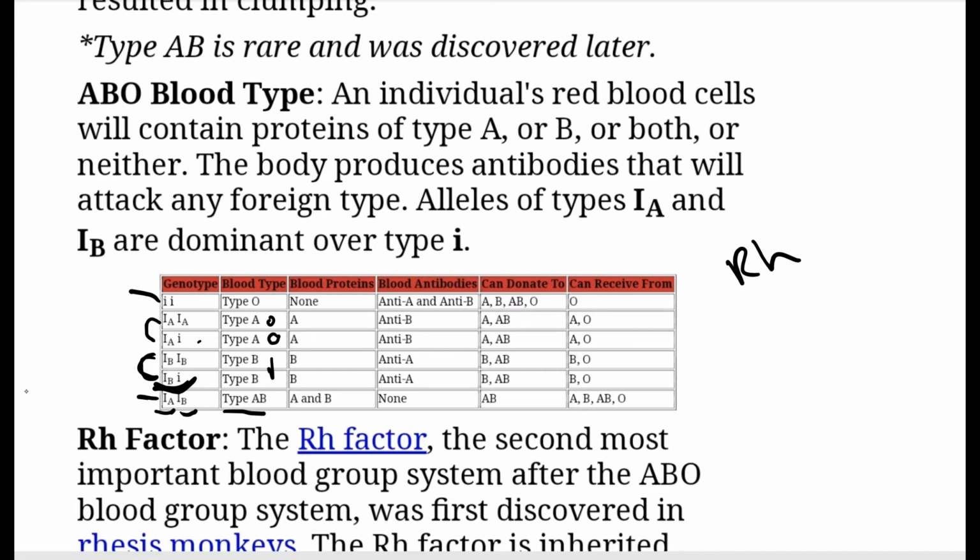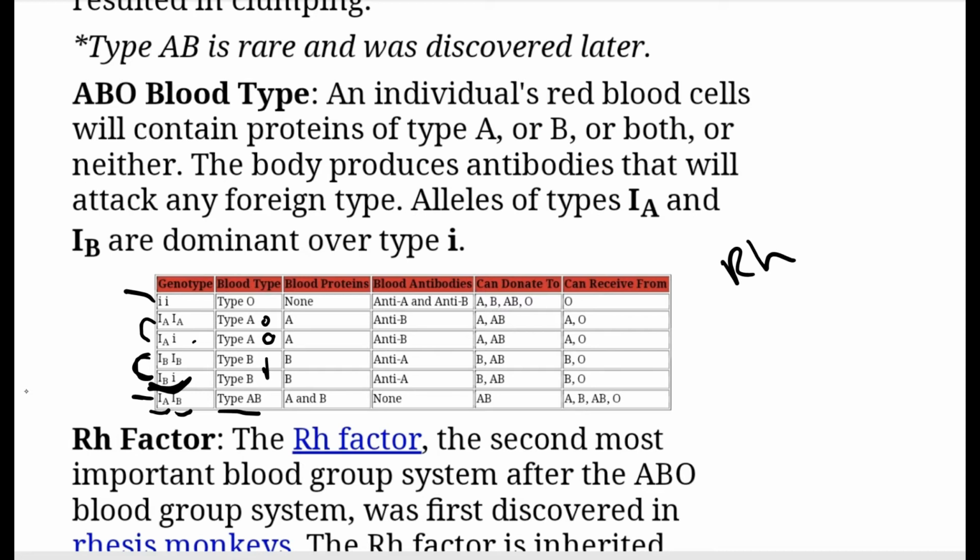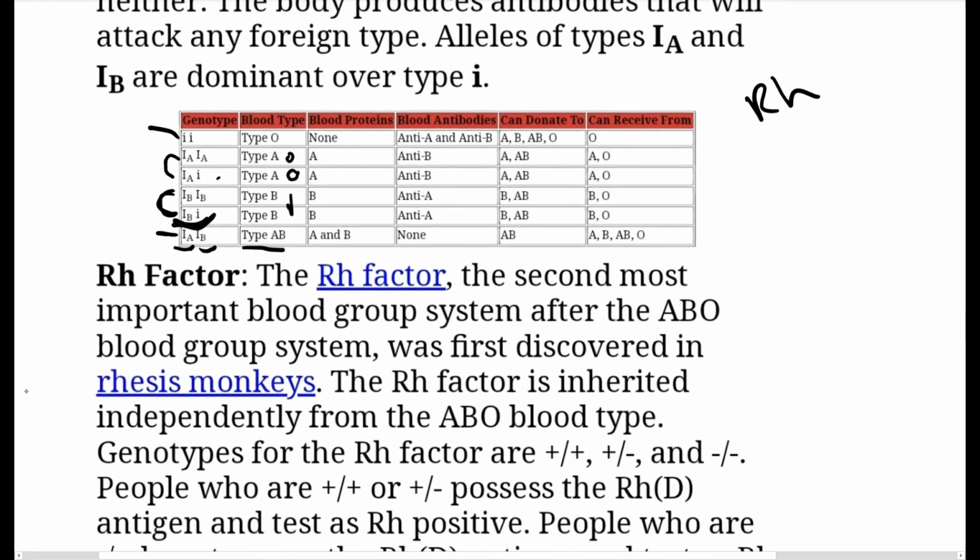It's a capital B for B, or a capital B and nothing. Capital A for A, capital A or nothing for A again. Just a small letter i for O, and capital A, capital B for AB. So these will not change depending on the RH factor.